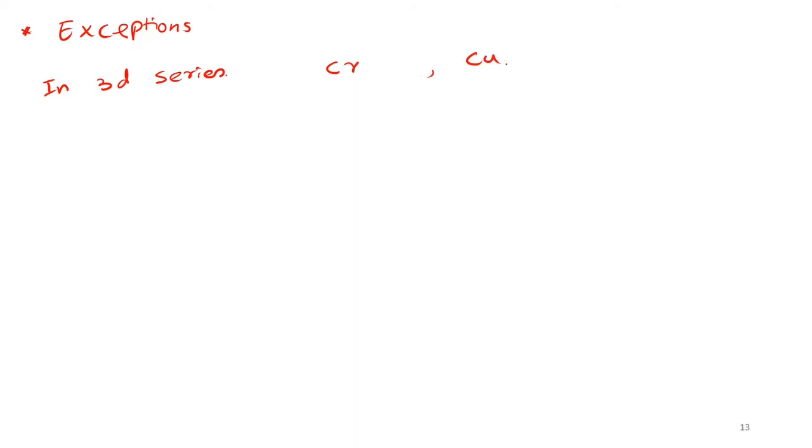You would expect one type of configuration, but chromium is aiming for a half-filled orbital setup. But when it comes to copper, it's aiming for the 3d to be completely filled.